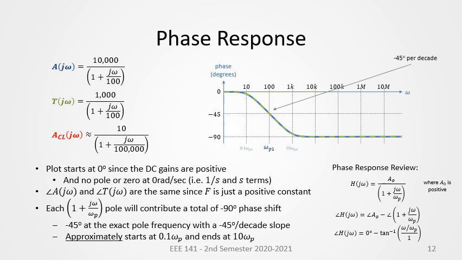For the case of the open loop and loop gain, the transition happens from 10 to 1000. For the closed loop gain, since the pole moved to 100,000, then the shift happens from around 10K to 1 megaradians per second, and the exact minus 45 degree phase shift happens at the exact pole frequency at 100 kiloradians per second.